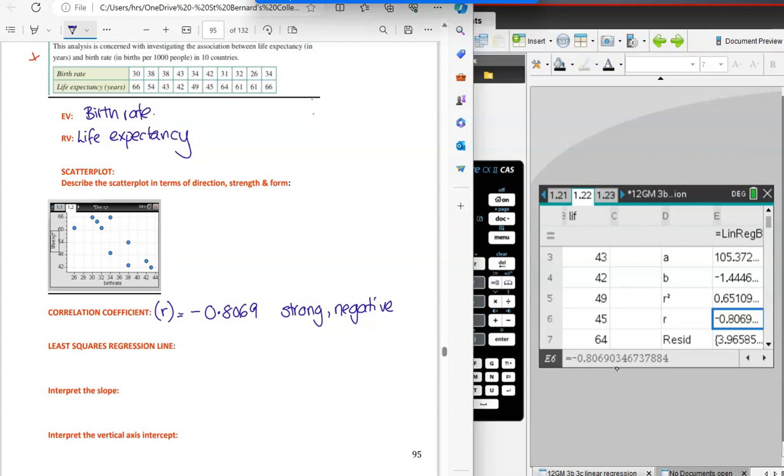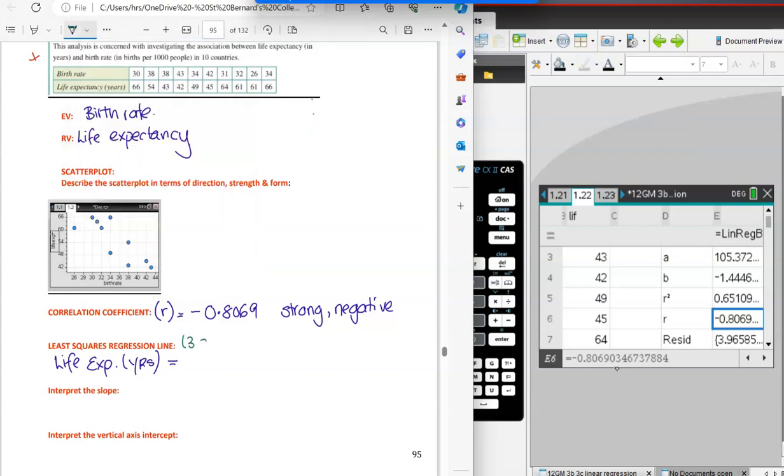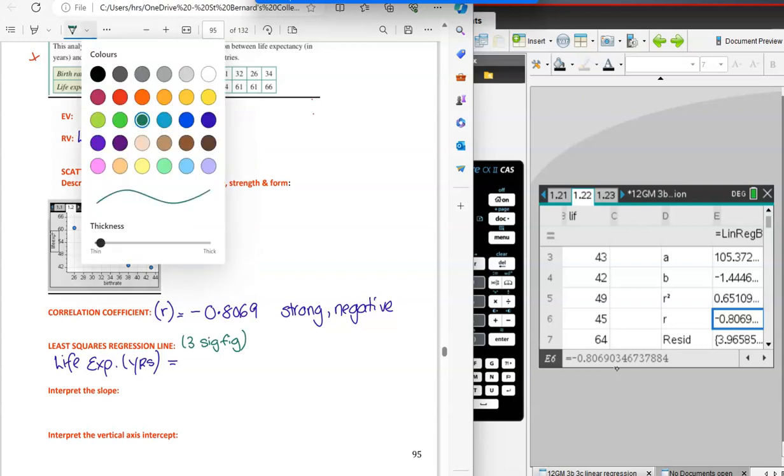And then it says write the least squares regression line. So this is where we make sure we write the variable names. So I'm going to write life expectancy. You can abbreviate a little bit. We're going to let you go with that. So equals. Now I'm going to ask you to do this one to 3 significant figures, just because that's what you will be told to do it to.